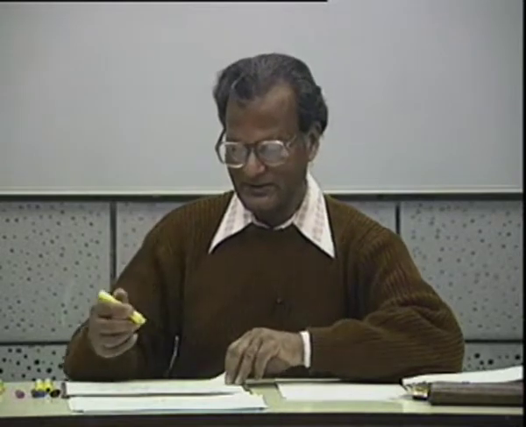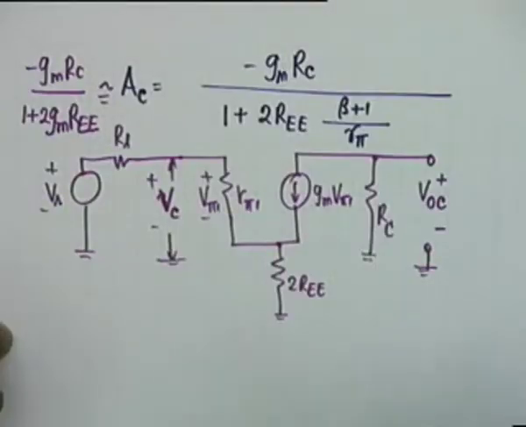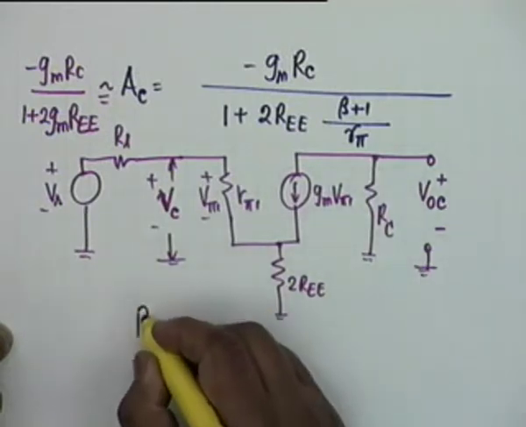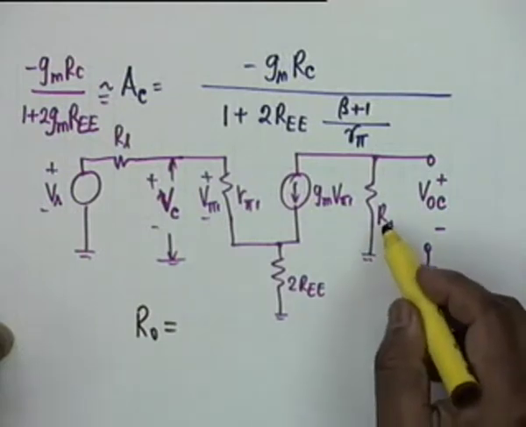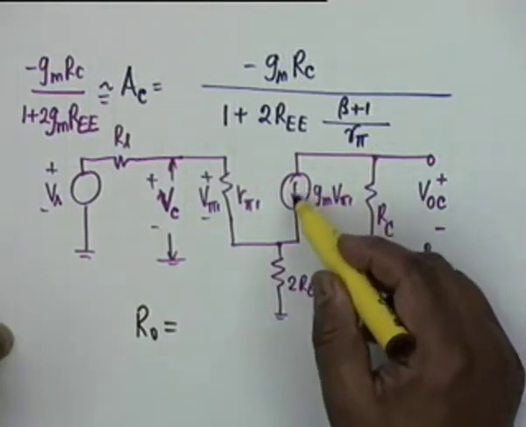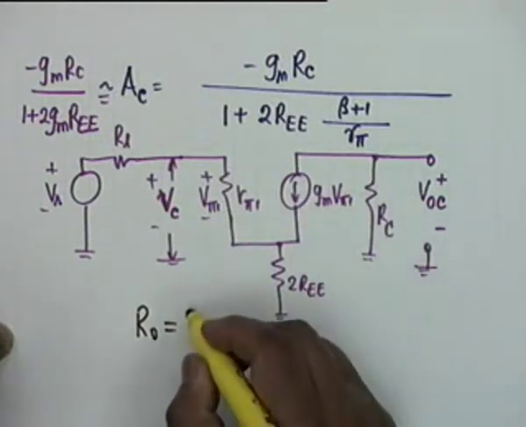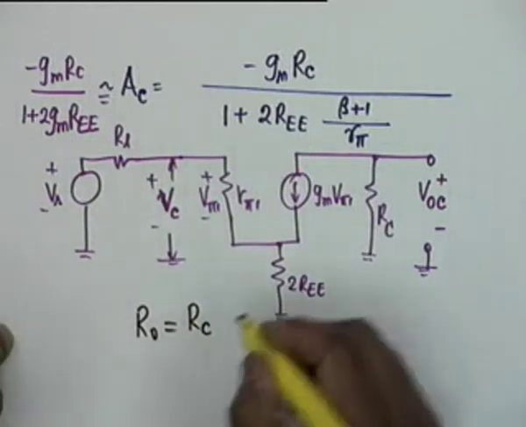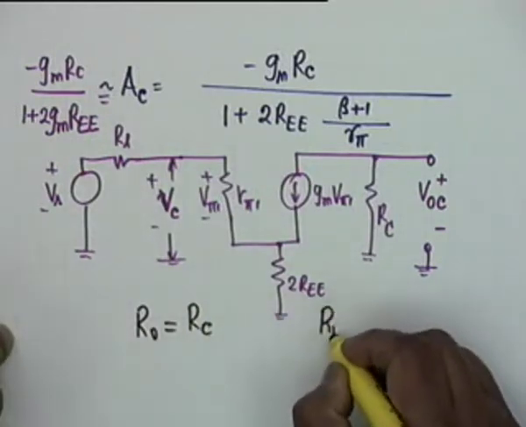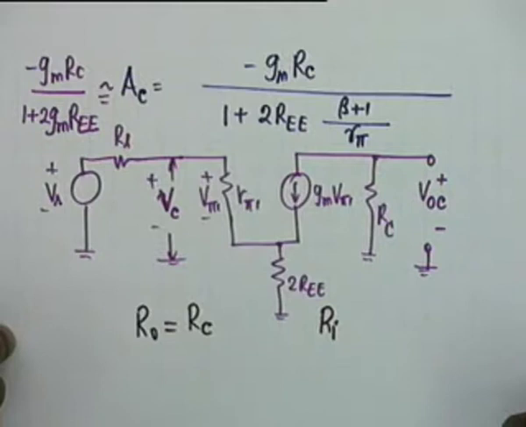It's simply the ratio of the two. Okay. Now let's keep it like this. But one thing is also obvious, that the output resistance here, what is the output resistance? It's again R sub C. Why? Because there's a current generator here. R0 is again R sub C, as in the differential mode, but there occurs a change in Ri.